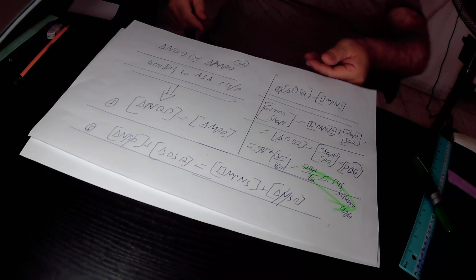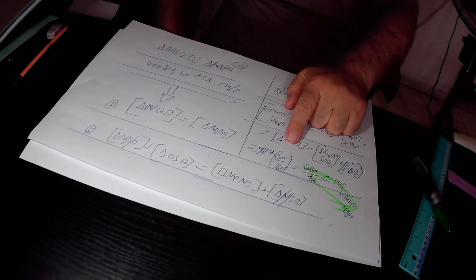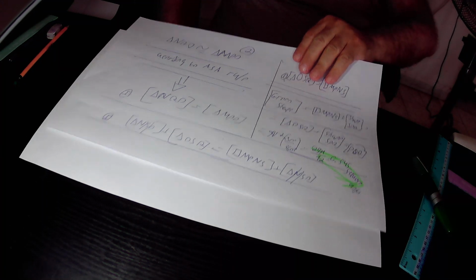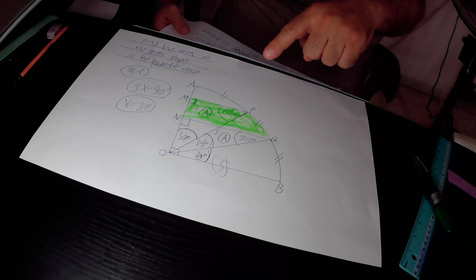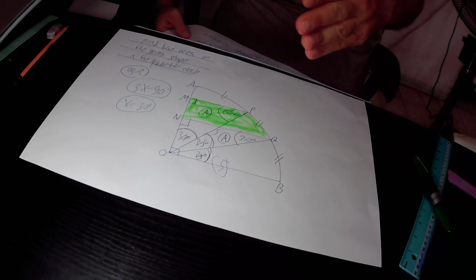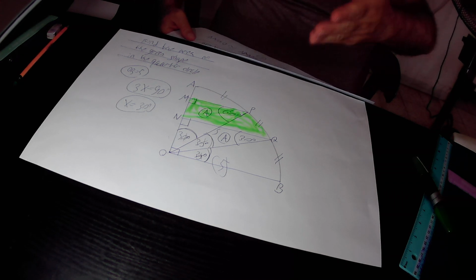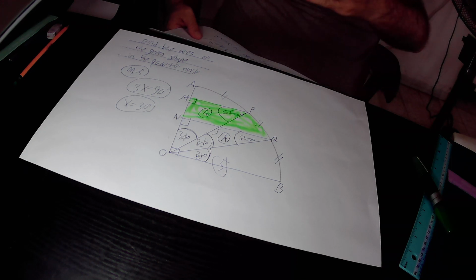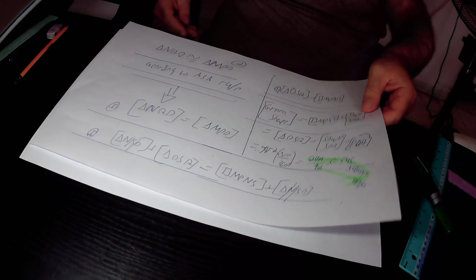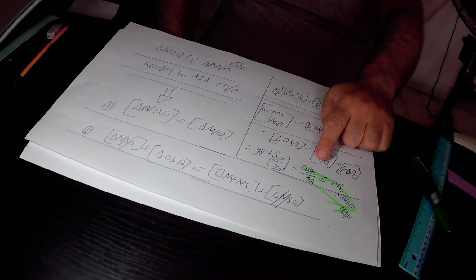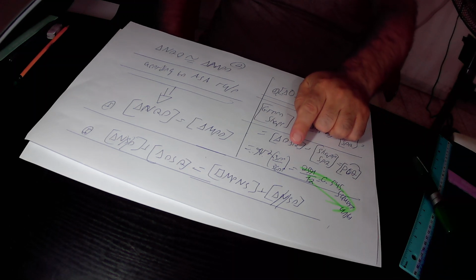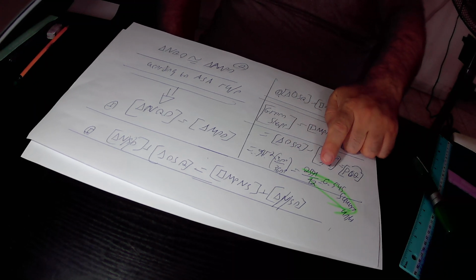The radius of the circle that contains sector POQ is 5. Therefore, r squared is 25, so pi r squared is 25 pi. And 30 degrees over 360 degrees is 1 over 12.